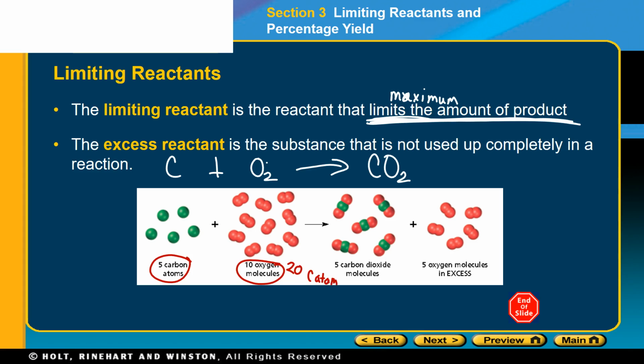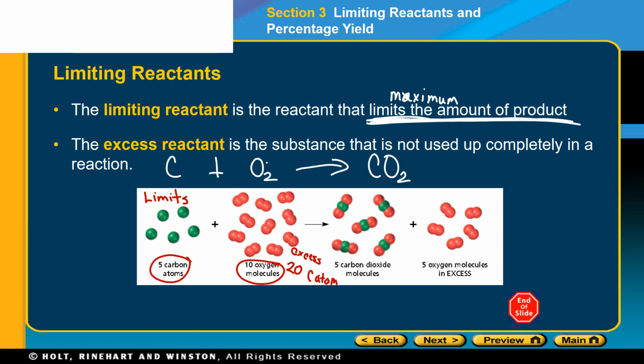How many, to make carbon dioxide, how many oxygens do I need for each carbon? 2. So my carbon limits how much carbon dioxide I can make here. I have excess oxygen because I can only make 5 carbon dioxide molecules because I only have 5 carbon atoms. I have plenty of oxygen.